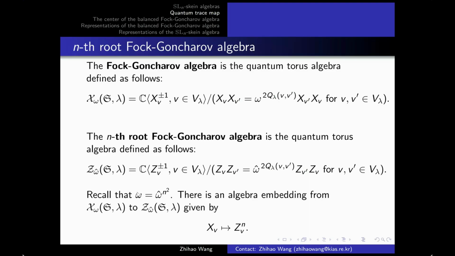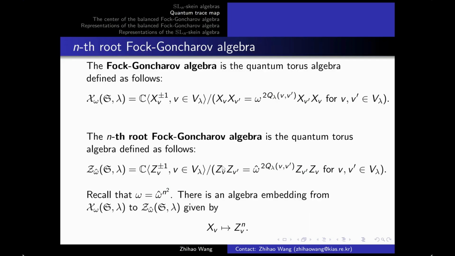Recall that omega is omega hat to the power of n squared. Then there is an algebra embedding from the X torus to the Z torus given by this. It maps X_V to Z_V to the power of n. You can easily check it is well defined.